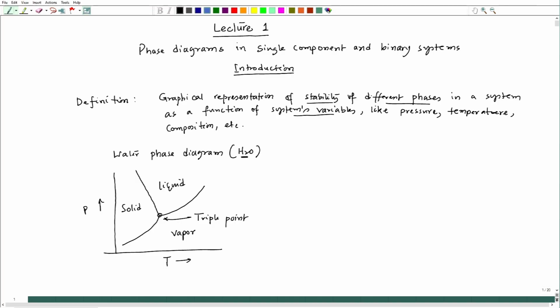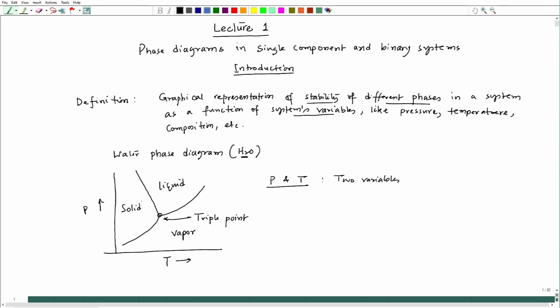In this particular diagram, if you see carefully, we have taken pressure and temperature, these are the two variables which are system variables, and we have marked different zones as solid, liquid and vapor.